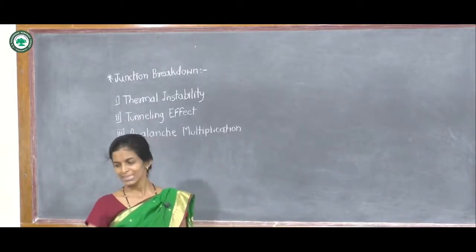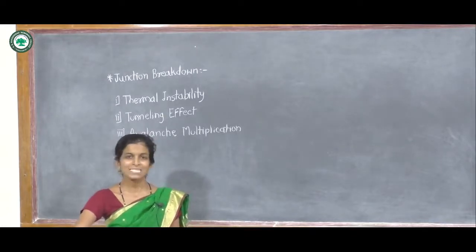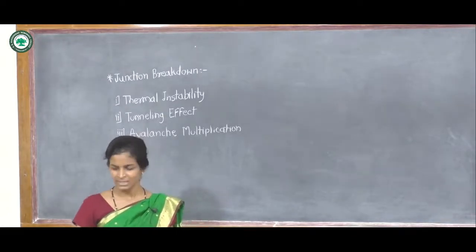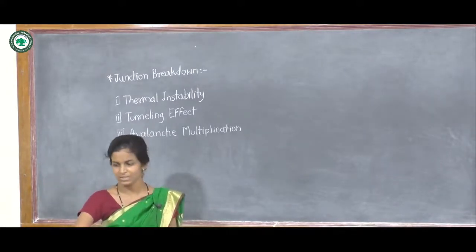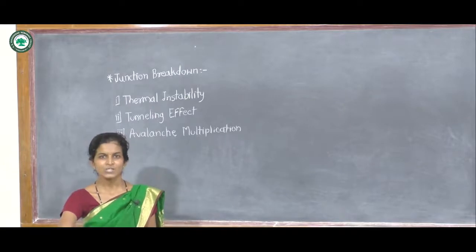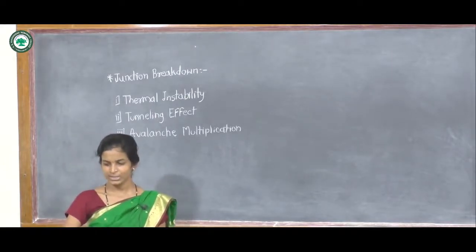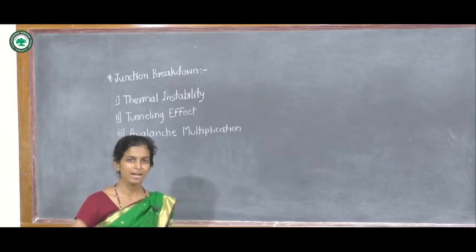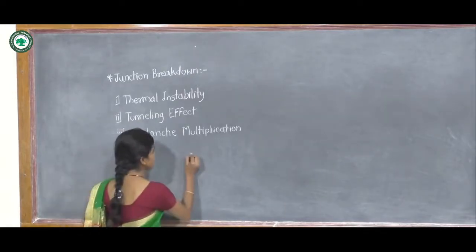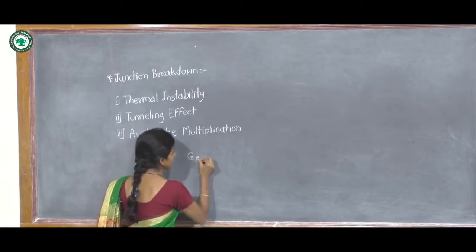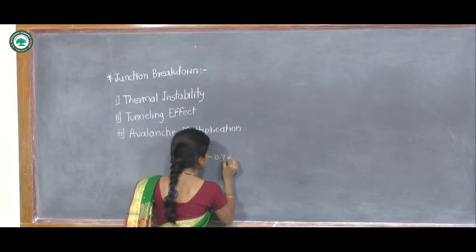Breakdown due to thermal instability is responsible for the maximum dielectric strength in most of the insulators at room temperature. And it is also a major effect in semiconductors with relatively small band gap, for example, the band gap of germanium, which is 0.7 electron volt.